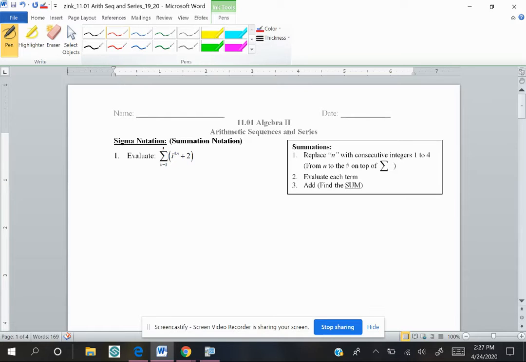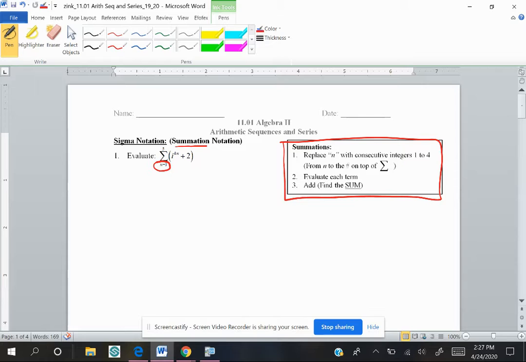So for sigma notation, this big E right here, Greek letter E, is a sigma, and we also call these a summation. So it's just a symbol that tells us what to do. What it's going to tell us, and this is in this box over here, is we're going to start with whatever number is on the bottom. So that's a 1.